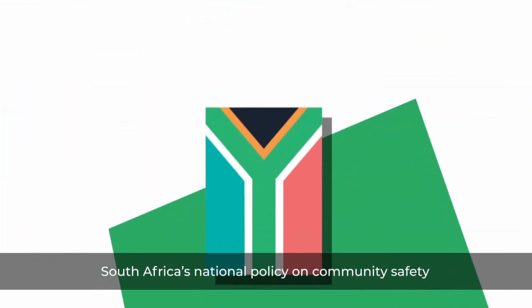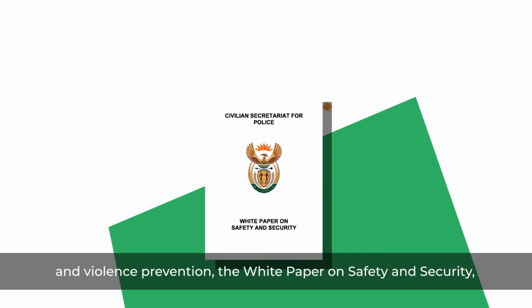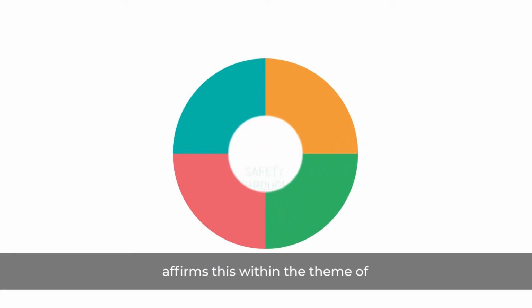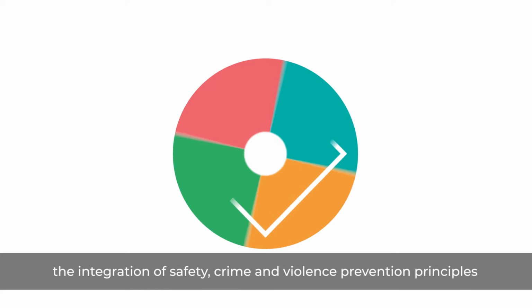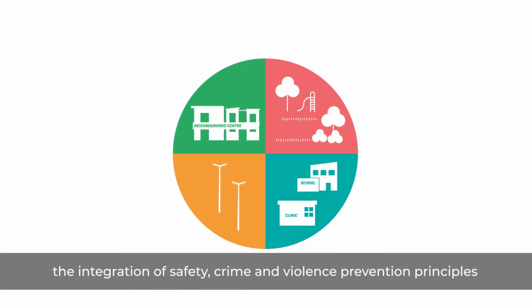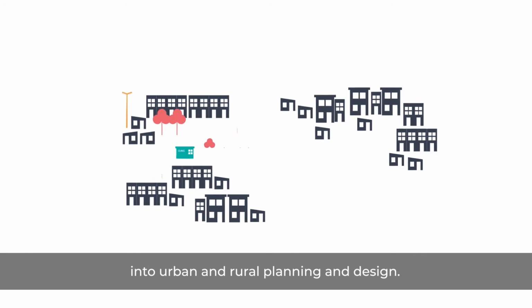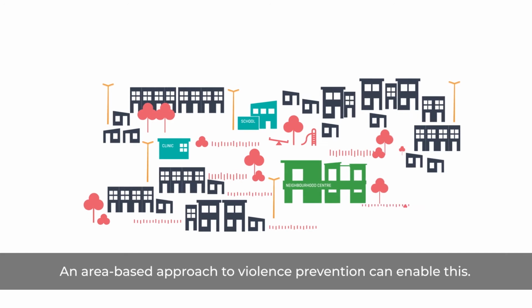South Africa's National Policy on Community Safety and Violence Prevention, the White Paper on Safety and Security, affirms this within the theme of safety through environmental design, which calls for the integration of safety, crime and violence prevention principles into urban and rural planning and design. An area-based approach to violence prevention can enable this.